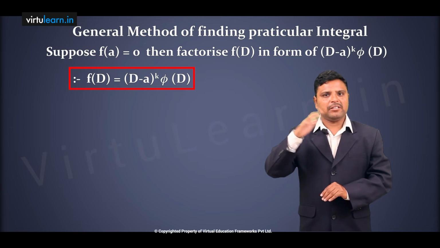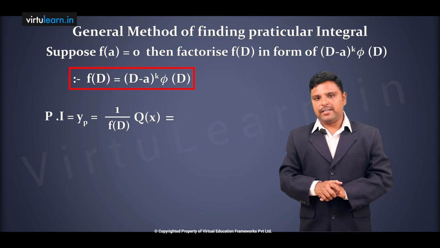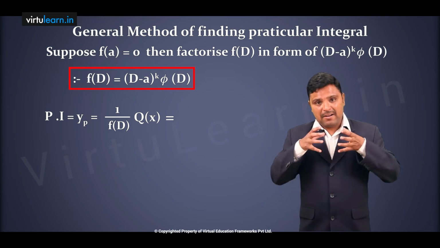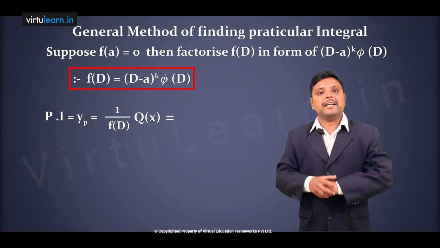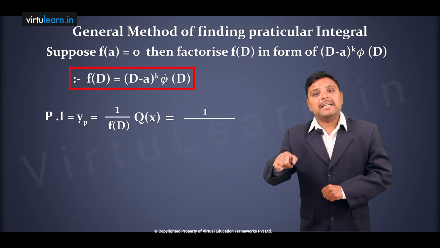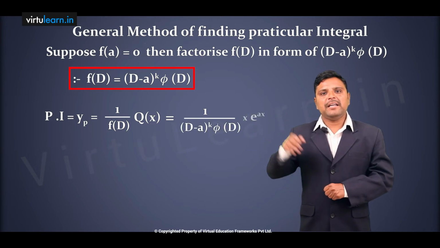How to calculate that, I will explain the technique while solving problems. Then 1 by f of D into e power ax can be written as 1 by (D minus a) power k into phi of D into e power ax.